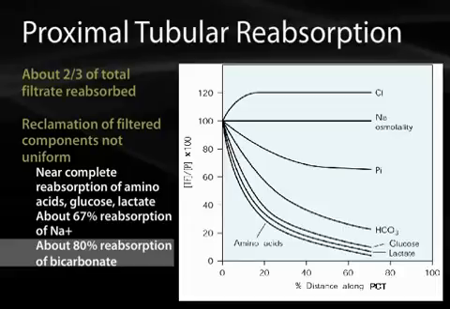Phosphate reabsorption is also coupled to sodium reabsorption and primarily occurs in the proximal nephron. This is why, as you move along the proximal nephron, the concentration of phosphate in the tubular fluid goes down relative to plasma. In an increasing fashion, bicarbonate, glucose, lactate, and amino acids are reabsorbed in the proximal convoluted tubule, so that substances such as glucose and amino acids should not be present in the filtrate beyond the proximal tubule, unless pathologic states exist.